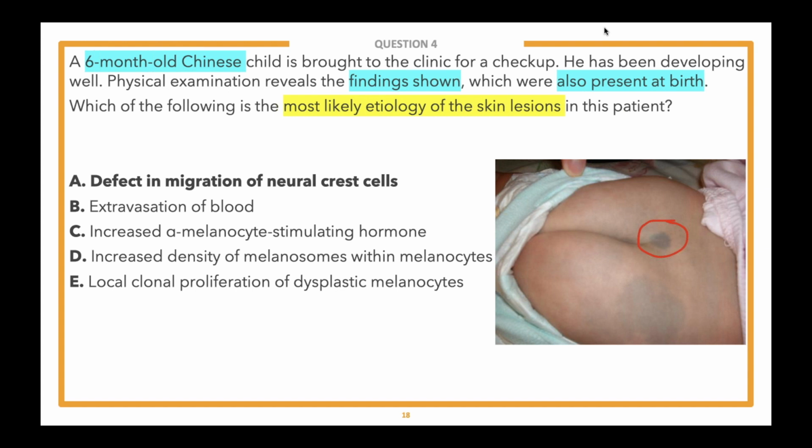That's getting more at bruising, which is not necessarily what's going on here. This is getting specifically at skin lesions, specifically dermal melanocytosis. So hopefully you guys are able to understand the pathogenesis and are able to use some of your dermatologic knowledge and tools and words to pick up on what's going on in this picture.